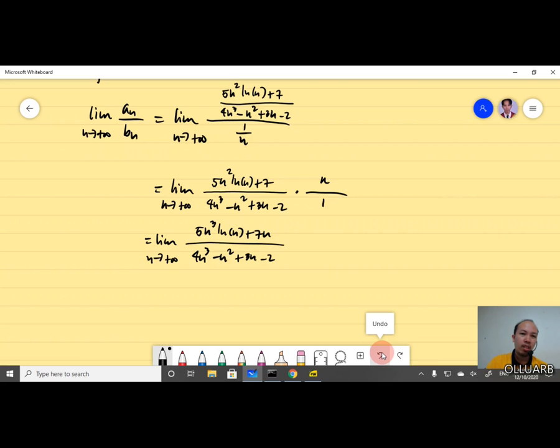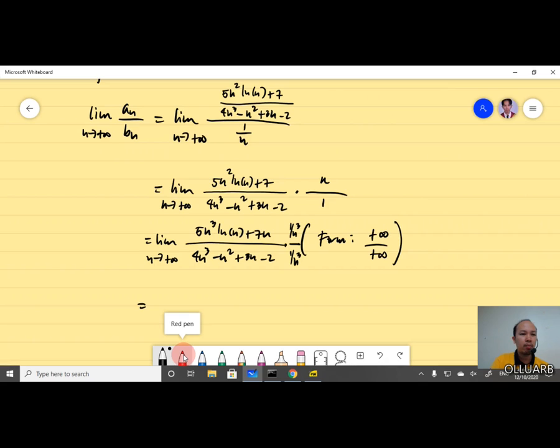So we have the form positive infinity over positive infinity. So therefore you can use L'Hopital's rule. Okay, you can multiply both sides by 1 over n cubed.